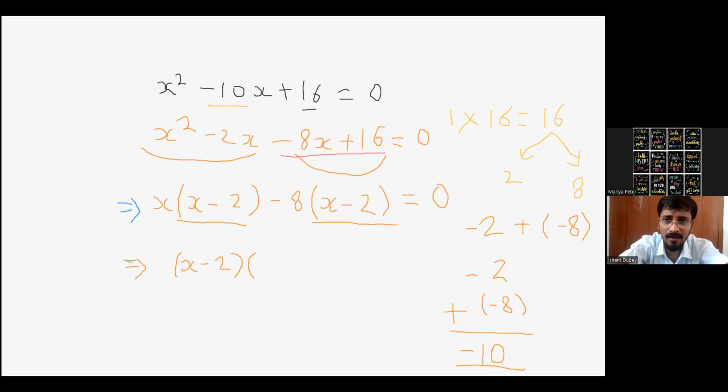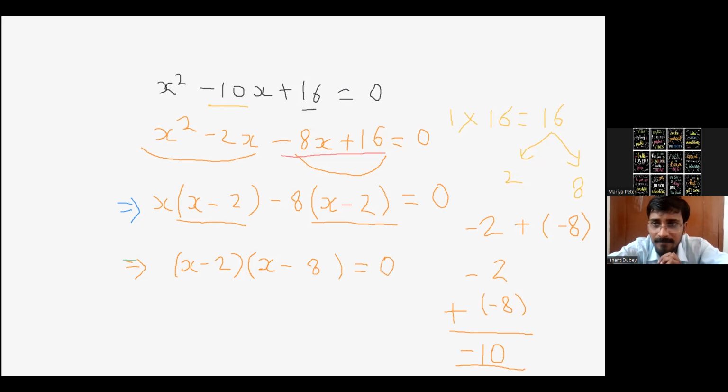So parenthesis will come again. What will come first? Here will come x, because the first term x minus 2 has gone out, so only x is remaining. And then what will come? x minus 8. Are you getting what I'm doing? Is it clear? And equals 0.